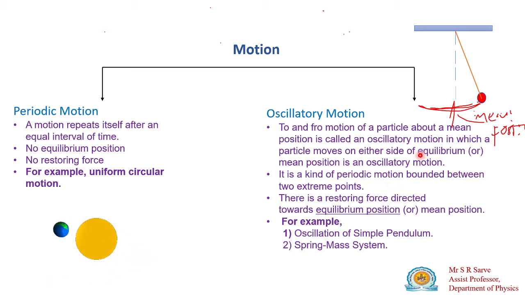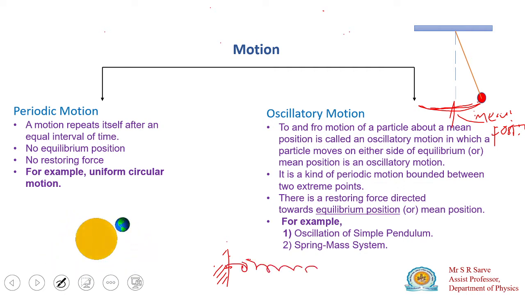Another example is the spring mass system, where a mass is attached to a rigid support by a spring. If you have to draw this, suppose this is your rigid support and this one is your spring, and this spring is attached to the mass.